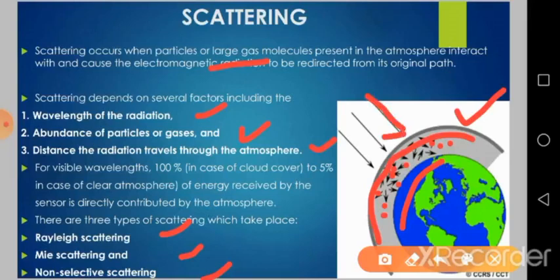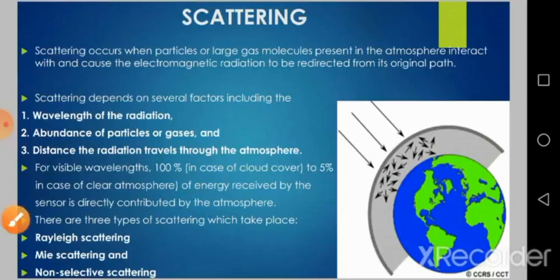As the incident electromagnetic radiation passes through this particular medium, due to the presence of these large gas molecules, the scattering is observed in different directions. So this is regarding the phenomenon.